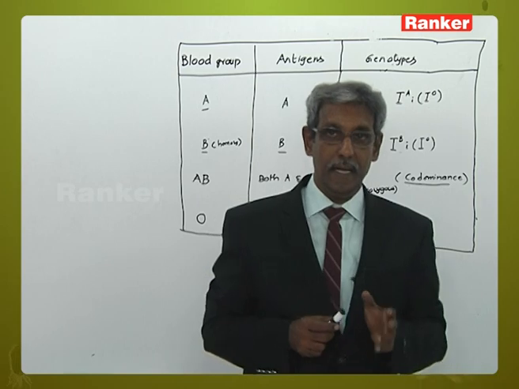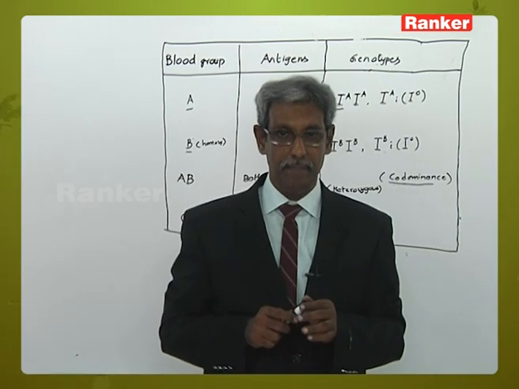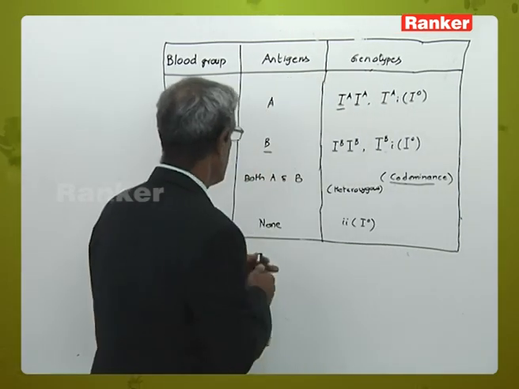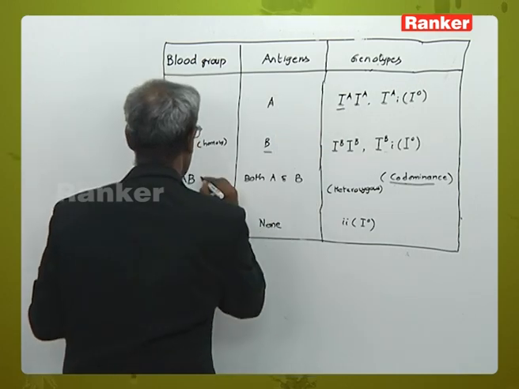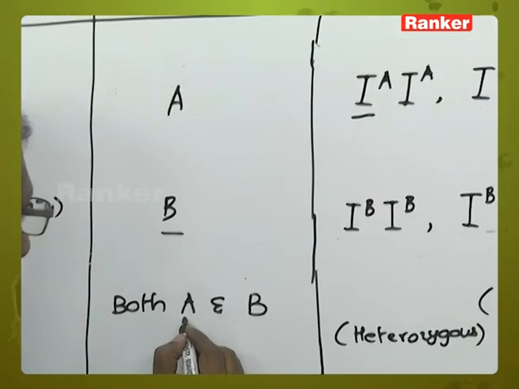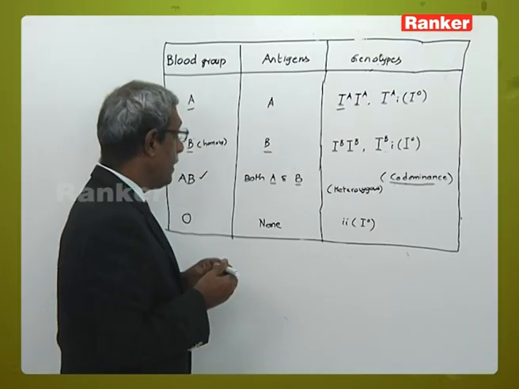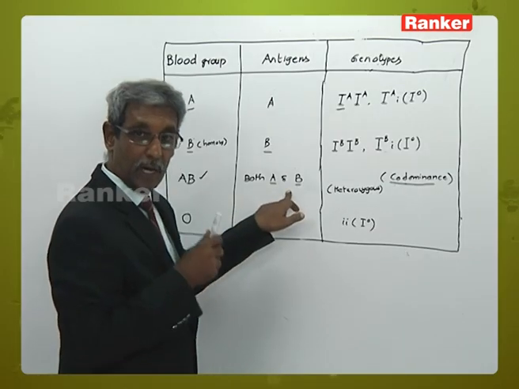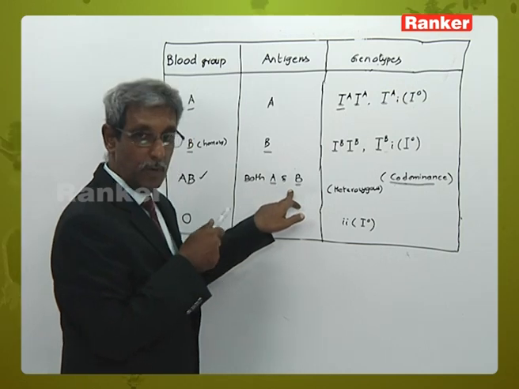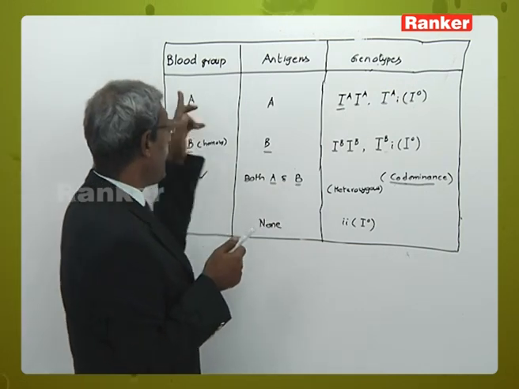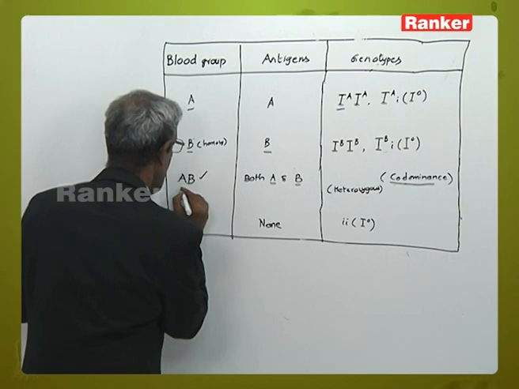We understand that in the ABO blood group system, both the antigens are present in AB. We have antigen A as well as antigen B. But because both the antigens are present, there are no antibodies. So when there are no antibodies, the blood group which gets formed is AB.